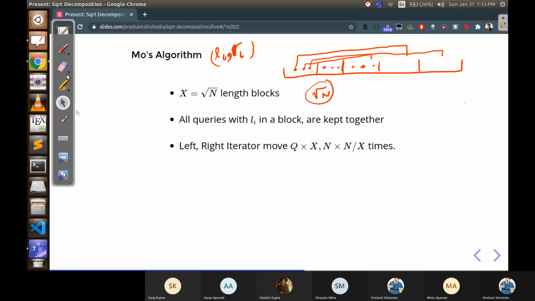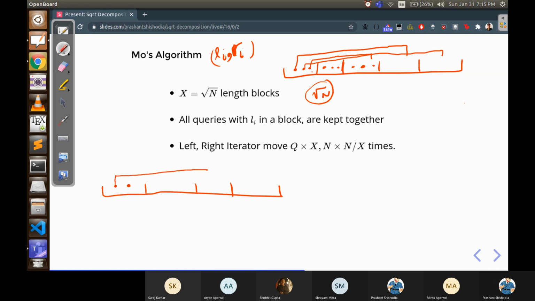Okay, and what I do is, if this is my divided array, for each block, first of all I sort all these by the block, and then for any two queries that lie in the same block, I sort them by r, by their end.